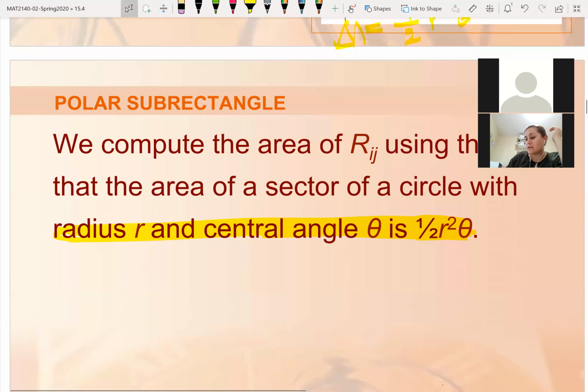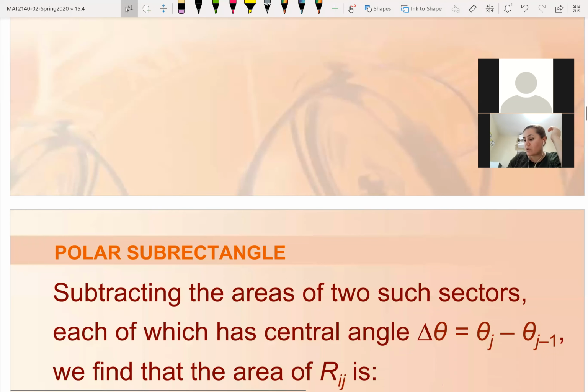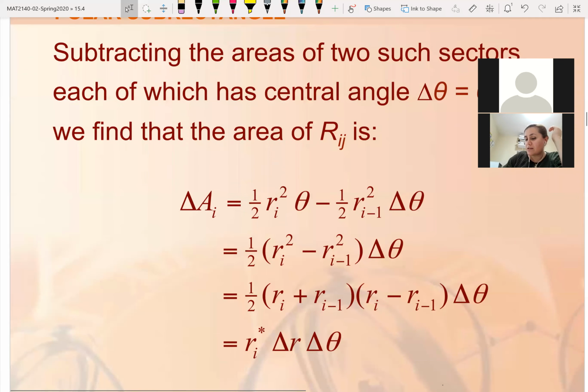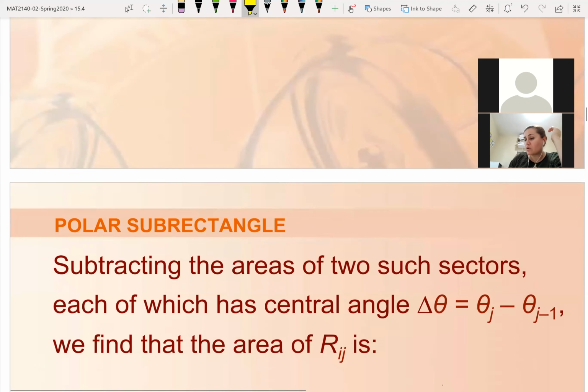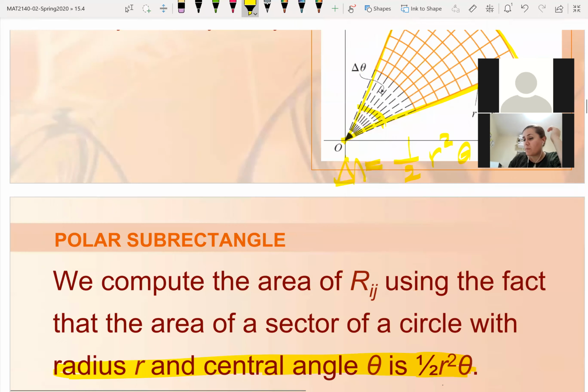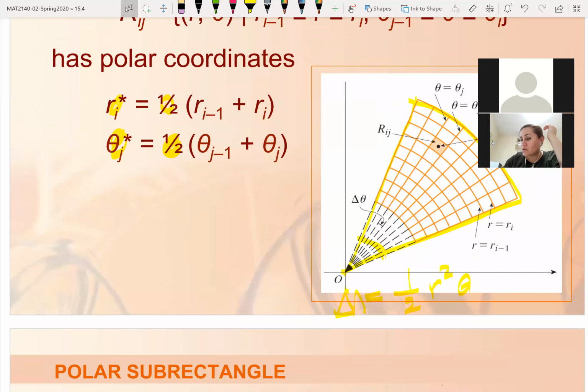This is the reason that r is coming in for every single integration: the area is really the bigger sector minus the smaller sector. I'm going to show you in the picture one more time. This is the entire sector. But what I'm making right over here is not the entire one.